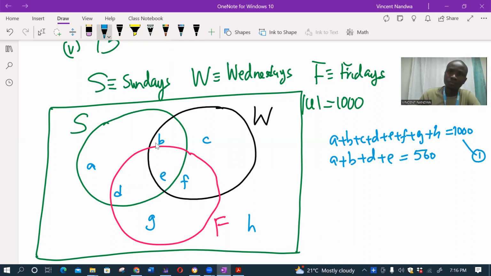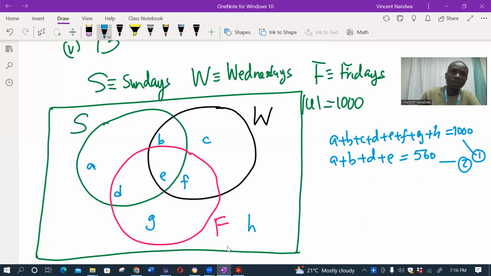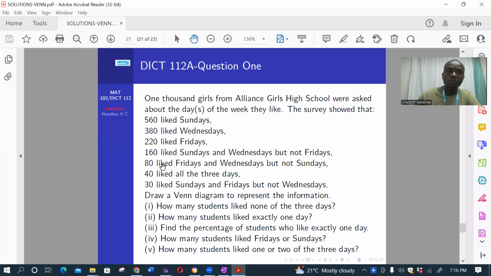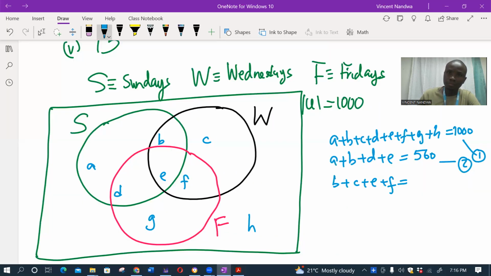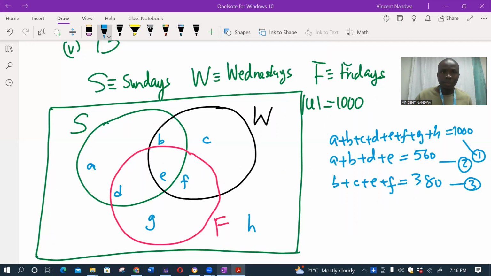Call it 2. The other information is 380 liked Wednesdays. Wednesdays is the black circle. So B plus C plus E plus F gives a total of 380. Call it 3. And 220 liked Fridays, the pink circle. So D plus E plus F plus G is 220. Call it 4.